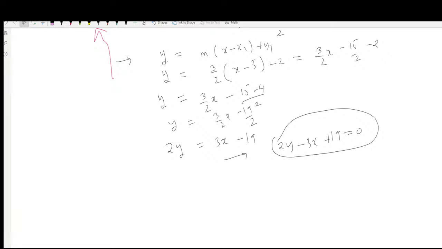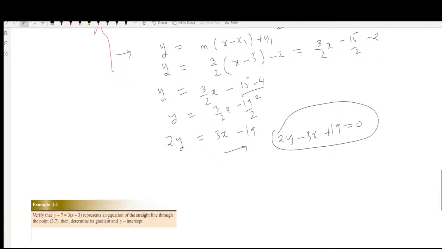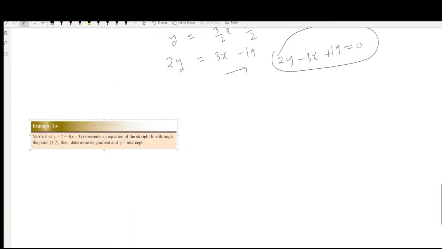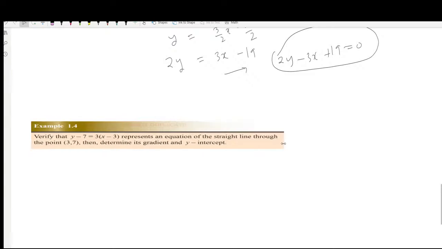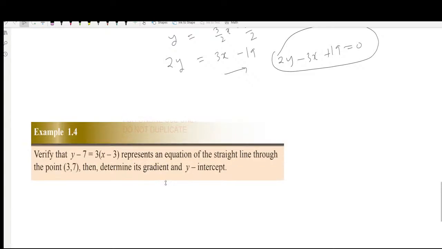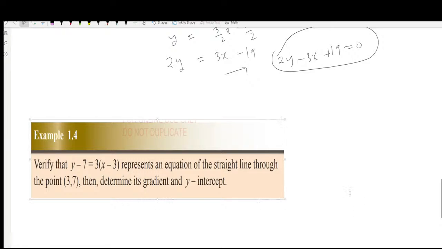We are going to do verification that the line actually passes through this point.